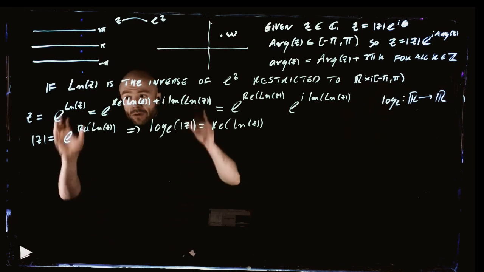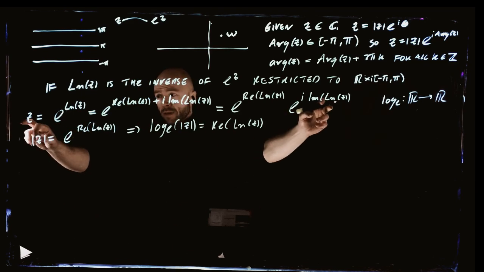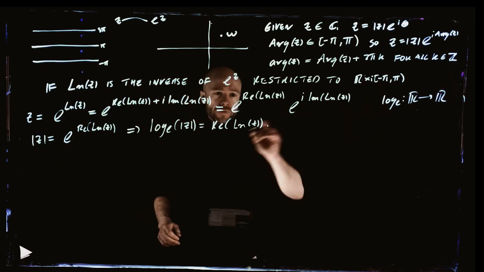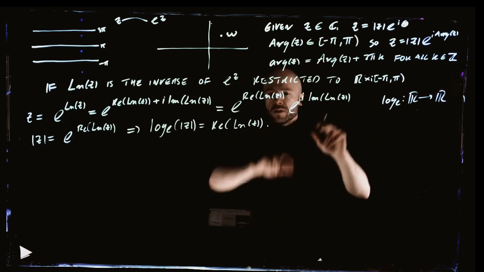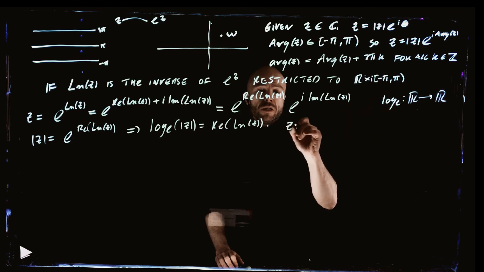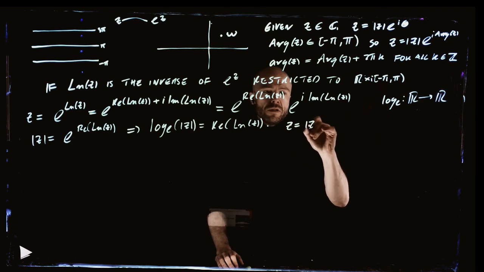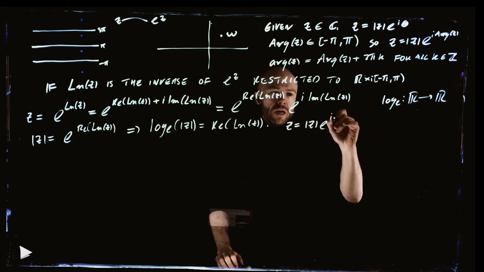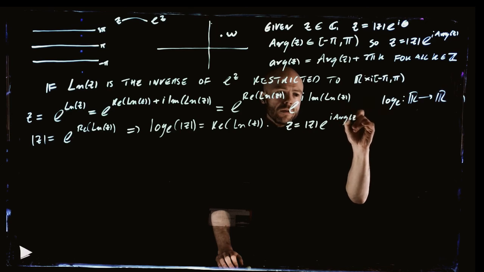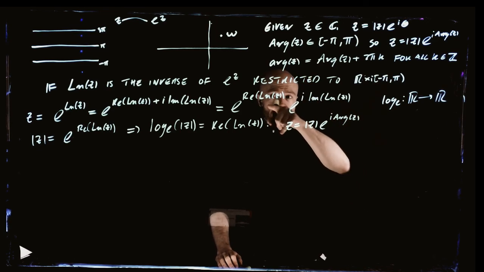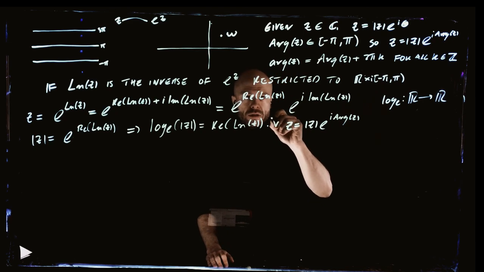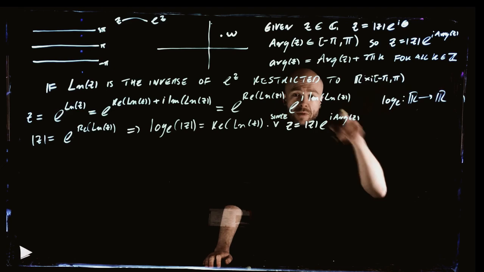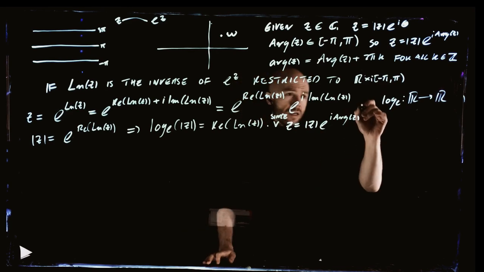And now if we look at the direction of these complex numbers, then the direction is denoted by this thing, right? So we also have that z is equal to mod z times e to the i times arg of z, which is equal to this thing, right? So let me call this thing star.